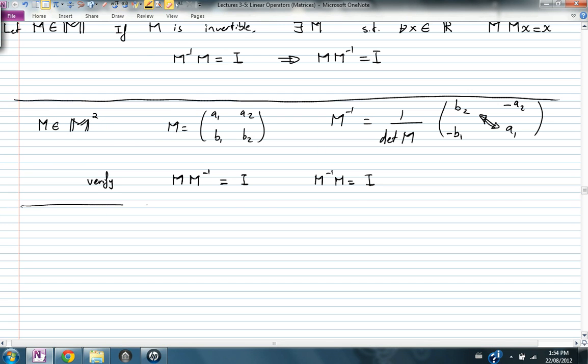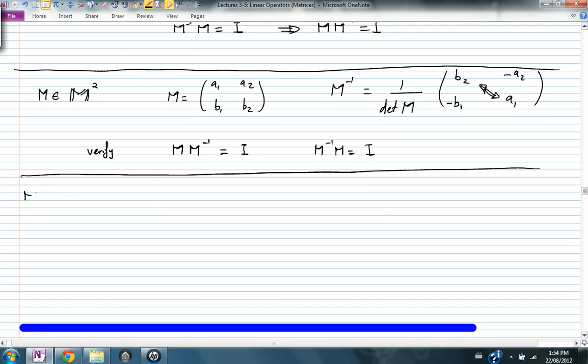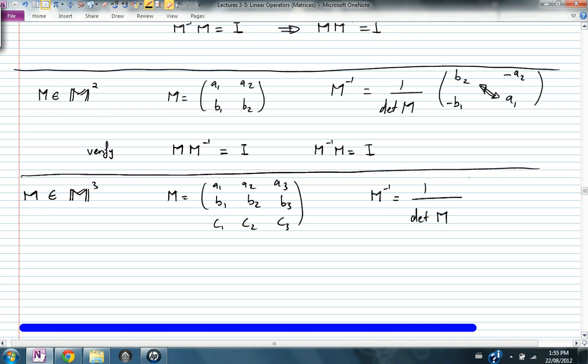Of course, any software will give you the inverse of a matrix right away. If M is a 3 by 3 matrix, where M is equal to A1, A2, A3, then the inverse of M is equal to 1 divided by the determinant of M multiplied by three vectors.